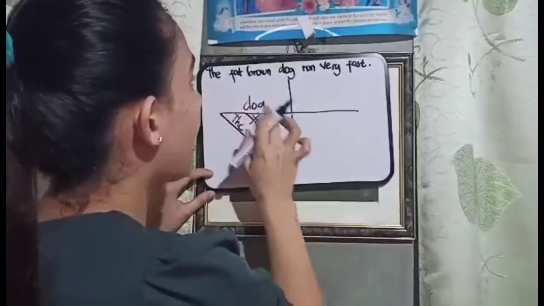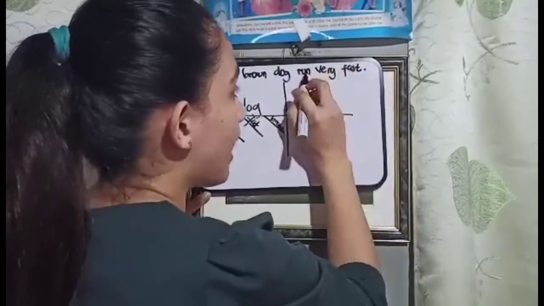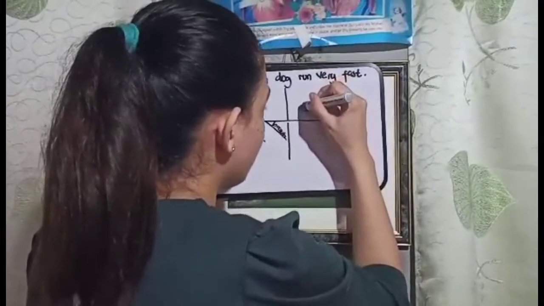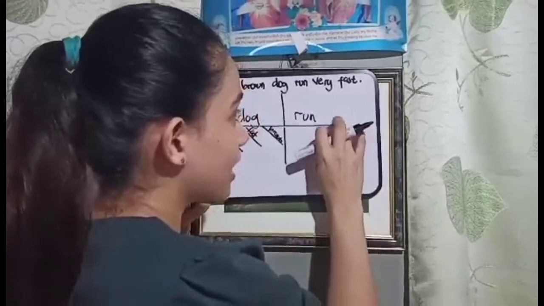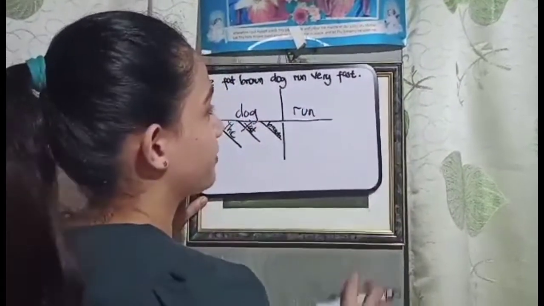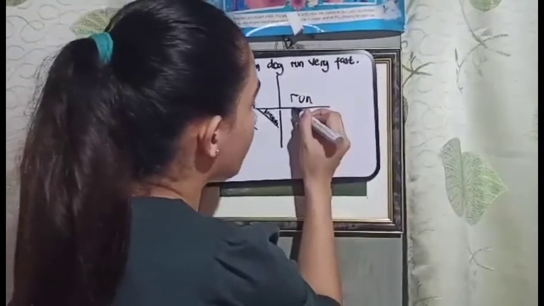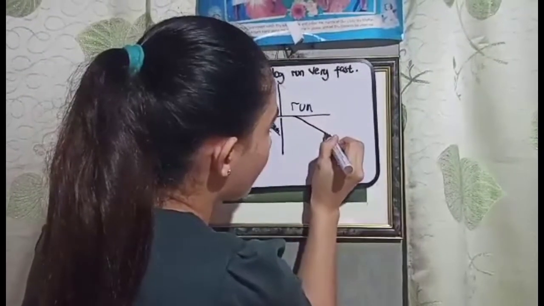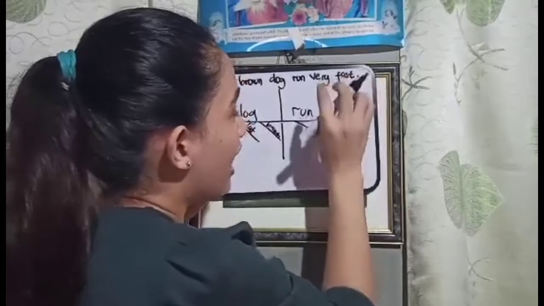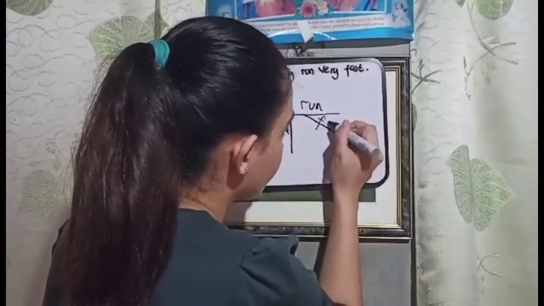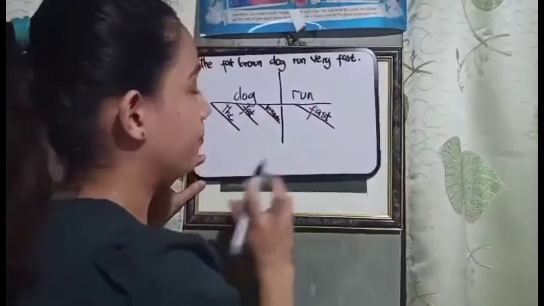The fat brown dog did what? The dog ran. So ran is our intransitive verb, since there is no object that will receive this action. Below this intransitive verb, which is ran, let's draw another slanted line here to put the adverb fast that modifies our intransitive verb.